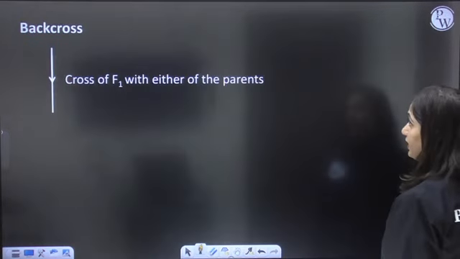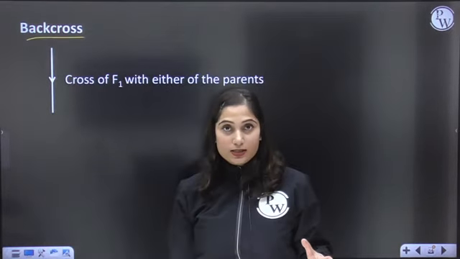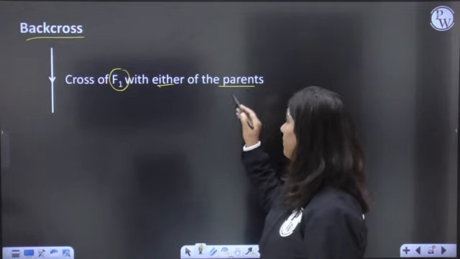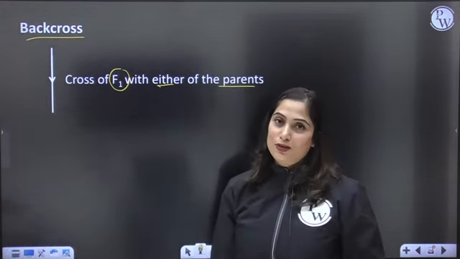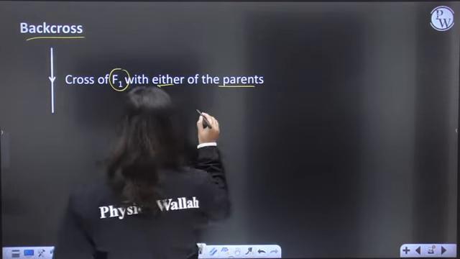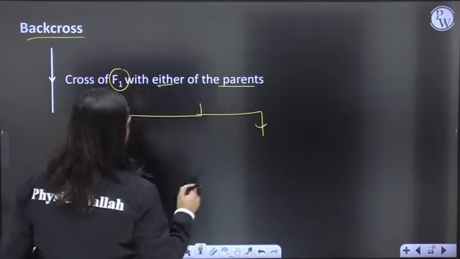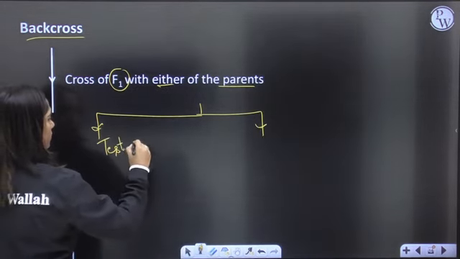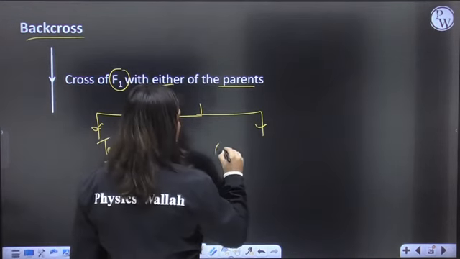Let's move on further. Let's discuss a back cross now. A back cross is a cross of F1 individuals with either of the parents. You can take any parent and cross it with F1, then it would be a back cross. And back cross is further of 2 types: test cross and out cross.